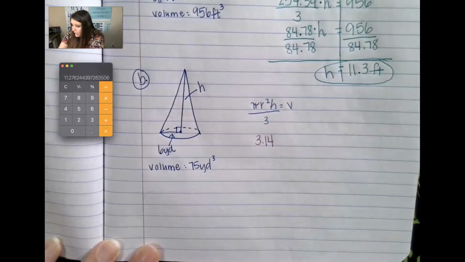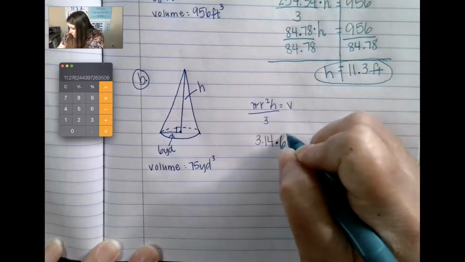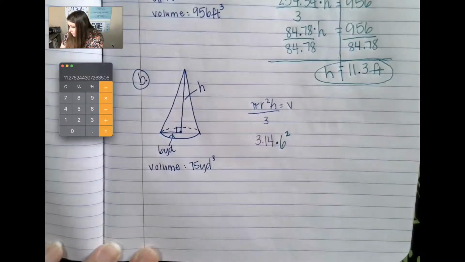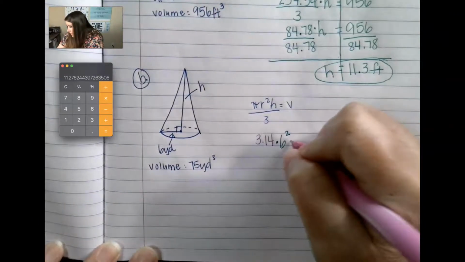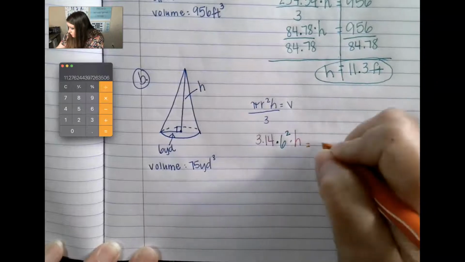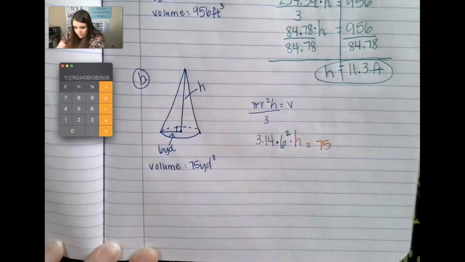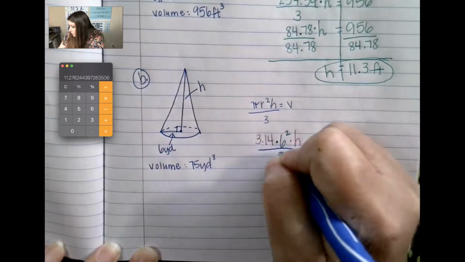I know that my radius is 6 squared. And I do not know the height, so I'm just going to leave the height as an h. My volume is 75. And I also needed to divide this by 3.